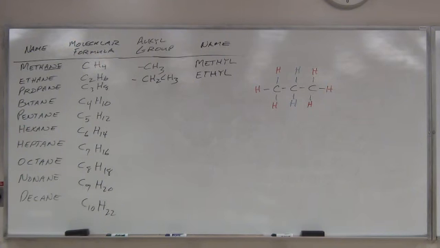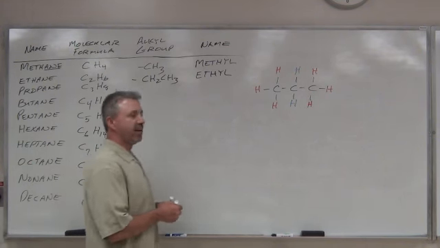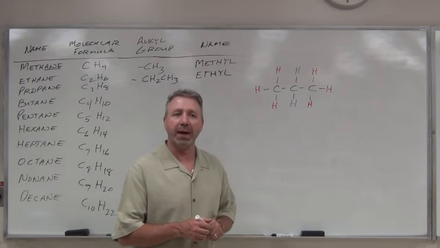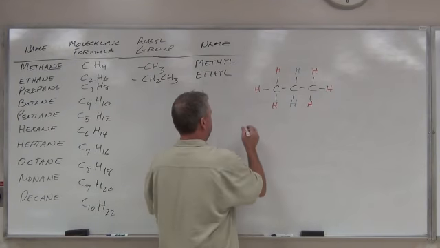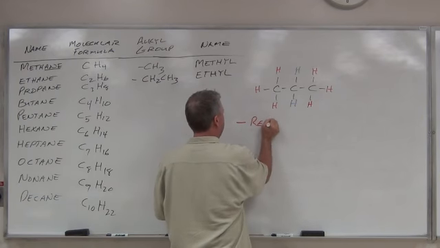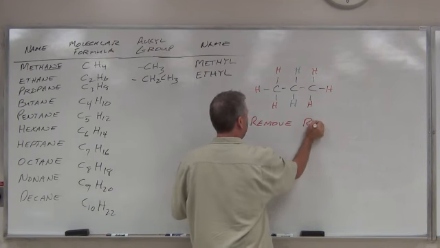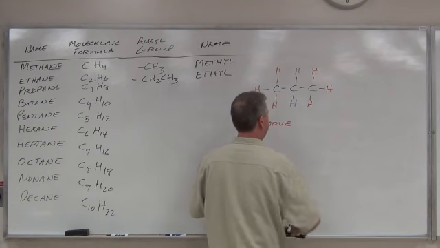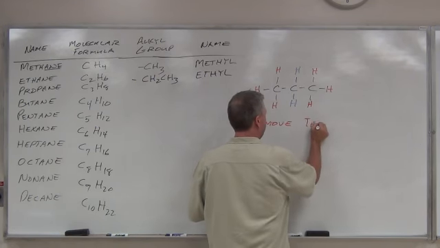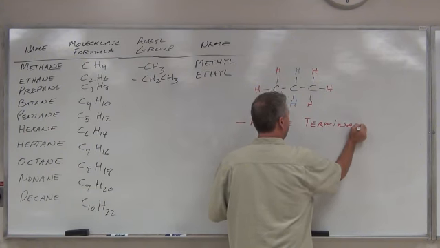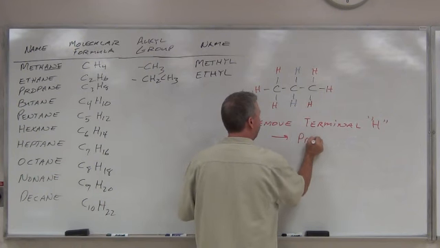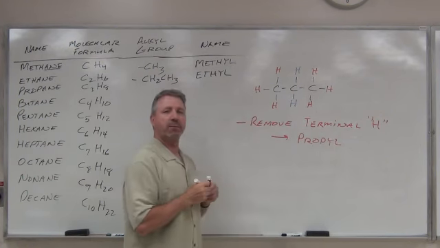If you remove a terminal hydrogen from propane, that means one on the end, you have the generic propyl group.